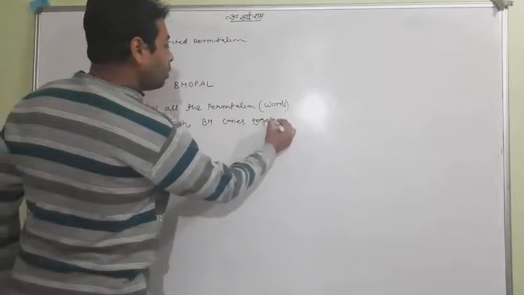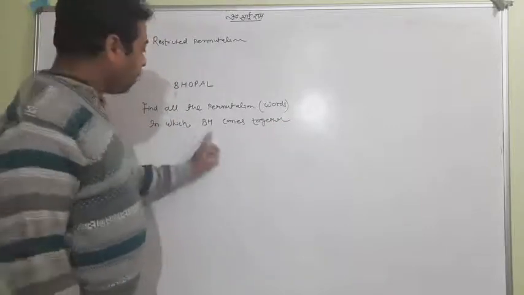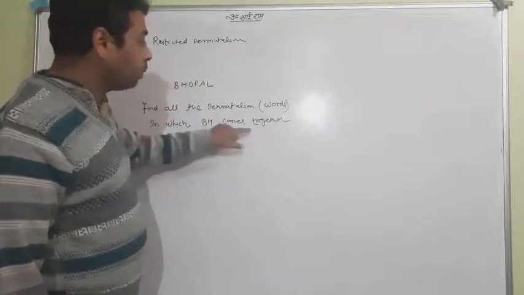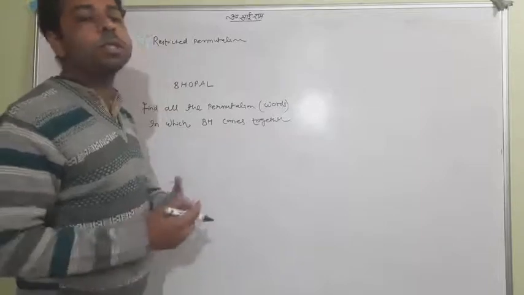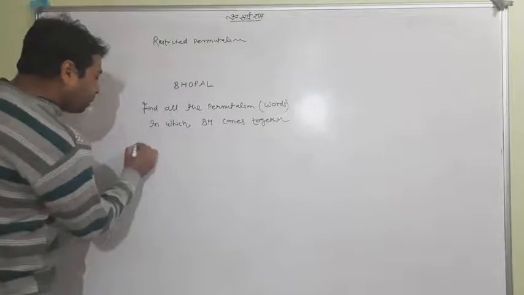What is its meaning? Try to understand this condition by example. BH, those two different letters, always come together, meaning we only have to find those words in which BH always comes together.